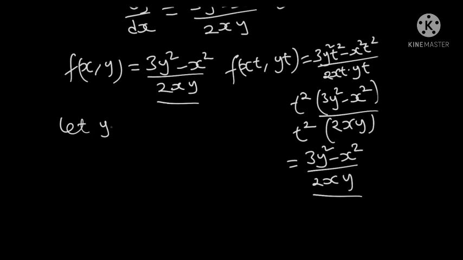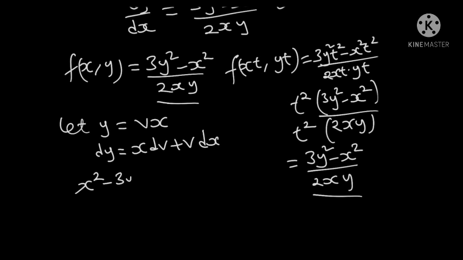Now, let y be equal to vx. Our dy will be equal to x dv plus v dx. Now, let's substitute this in our equation. Our first equation was (x squared minus 3y squared) dx plus 2xy dy equals 0.